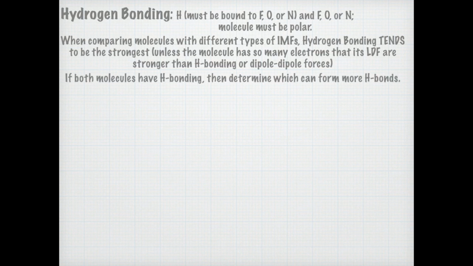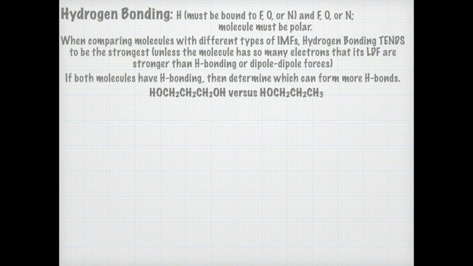Okay, now, what happens if both of the molecules you're comparing have hydrogen bonding? Well, in that case, you look at the molecules and decide, which one can form more hydrogen bonds? So for example, if I gave you these two molecules here, notice that the first molecule has an OH in the beginning and an OH at the end, while the second one only has an OH at the beginning, which means that the first molecule can form more hydrogen bonds than the second, and therefore its intermolecular attractions would be stronger.